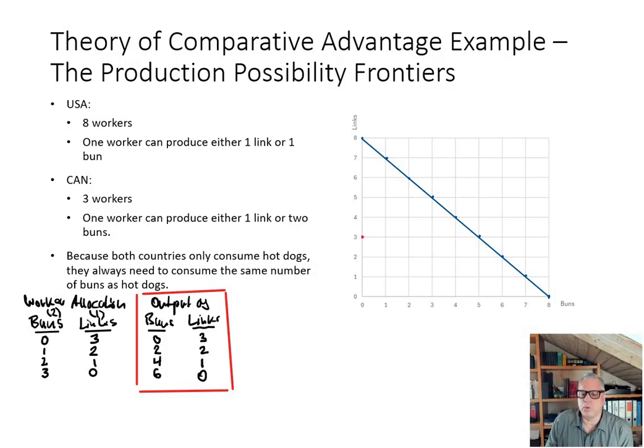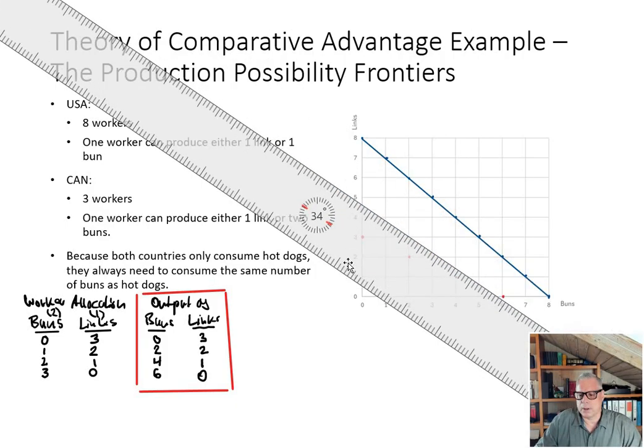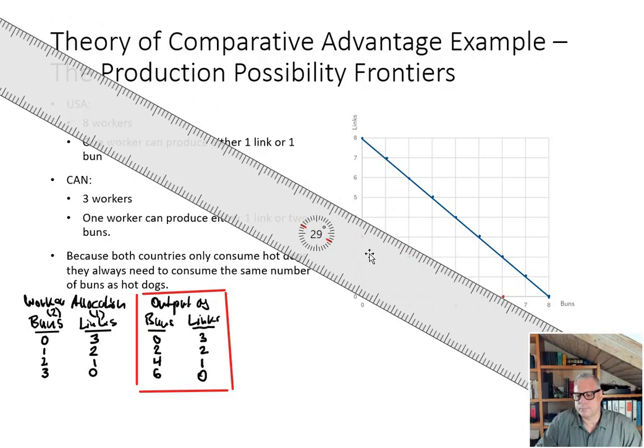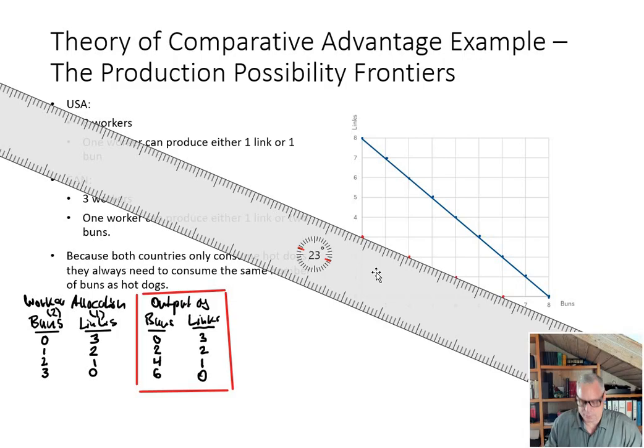Or I can have 2 and 2, which is here. Or I can have 4 and 1, 4 buns and 1 link. Or I can have 6 and 0. Okay, so let's connect those dots again using a ruler here. Okay, so that looks good.